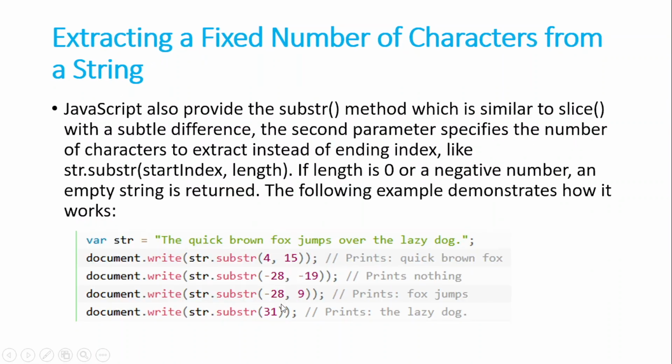But in this we can use negative indexing at the start, and the number of characters that need to be accessed. So here you cannot specify negative indexing for the length. Obviously we don't specify length as negative, but you can specify the starting index as negative, and then the second parameter is the length of the characters.